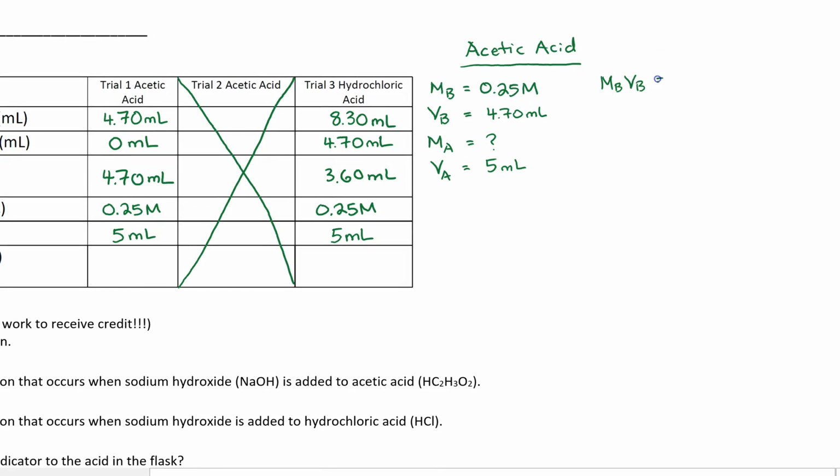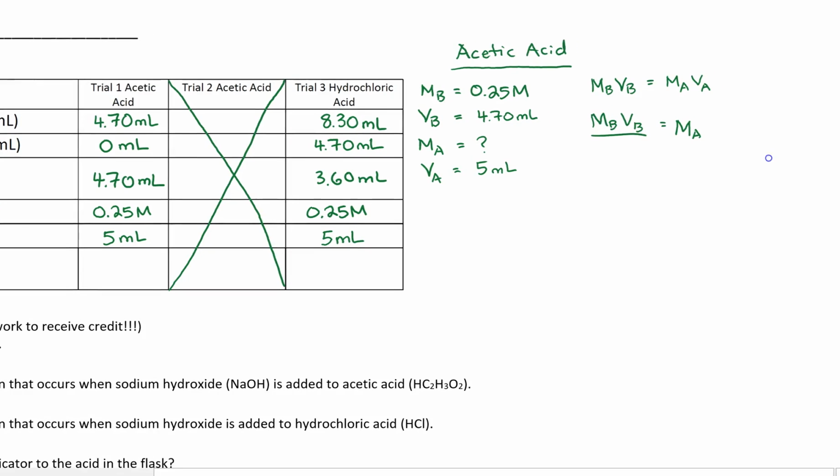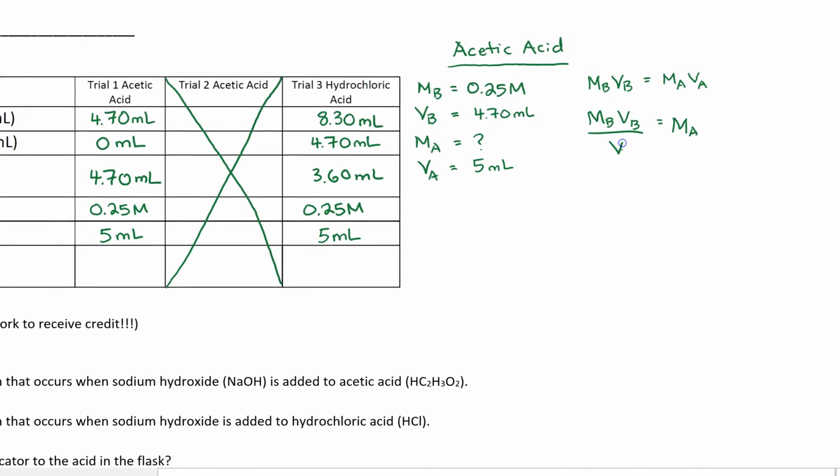MbVb equals MaVa. To get Ma by itself, I divide both sides by Va. And so I'm going to write down Ma equals MbVb over Va. Now that I have Ma isolated, I'm going to be substituting my values.